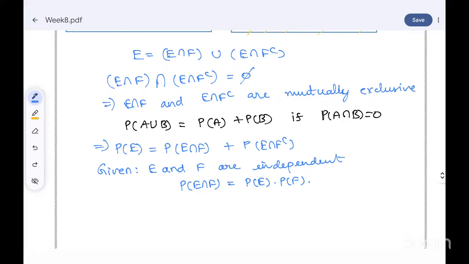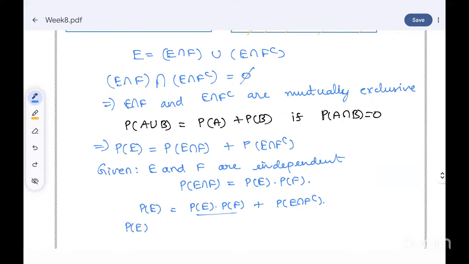So in that case, I can replace this: P of E equals P of E into P of F plus P of E intersection F complement. Now I'm going to bring all these terms to the other side.